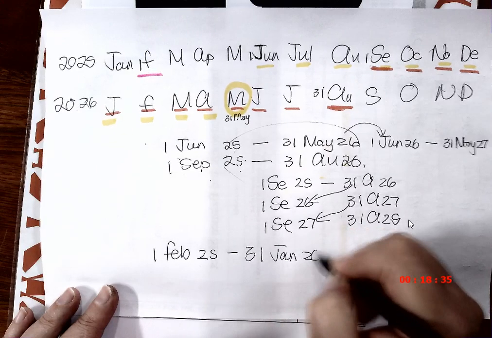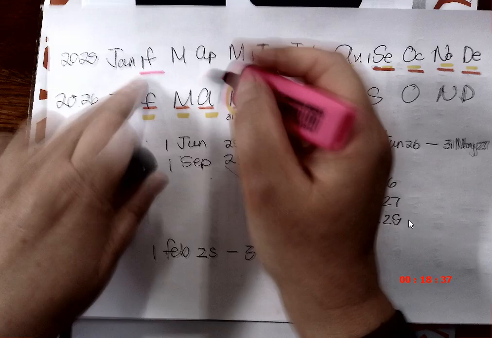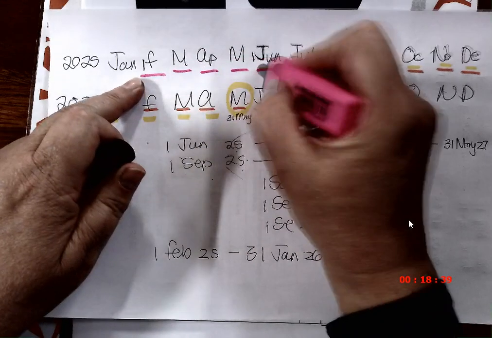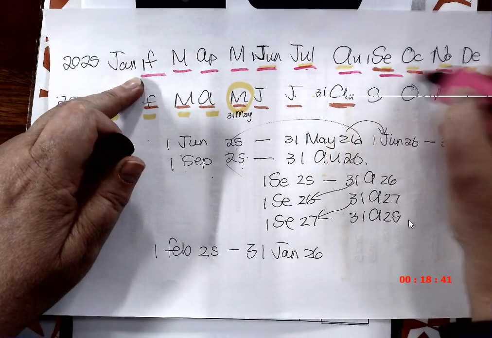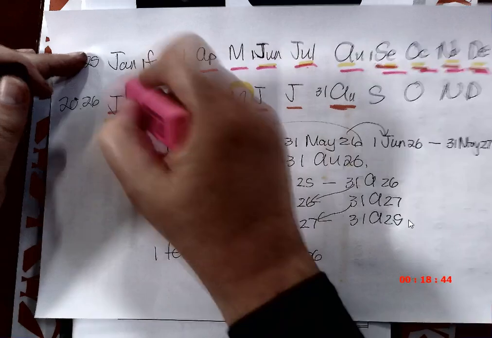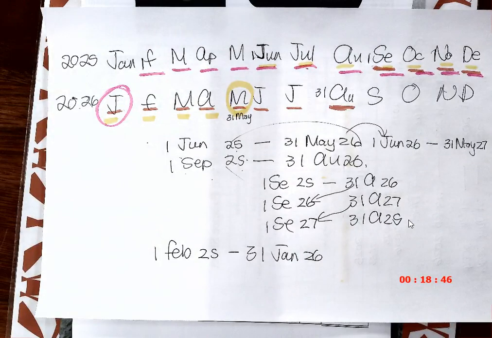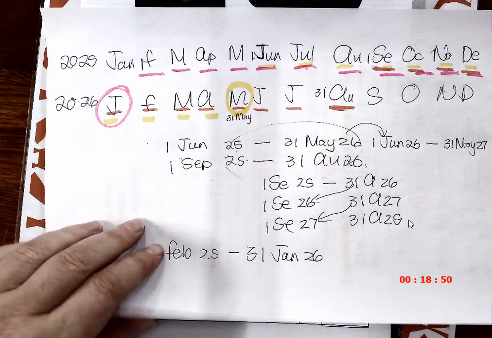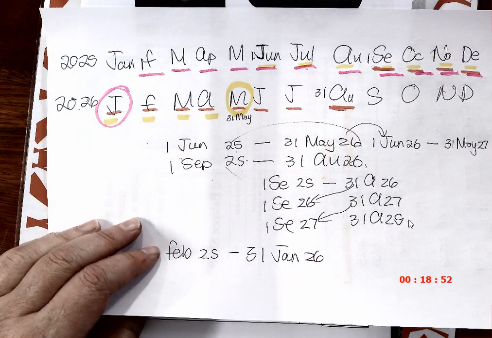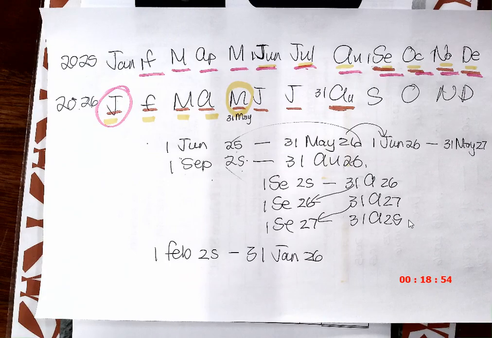Let's see if it's right. 1, 2, 3, 4, 5, 6, 7, 8, 9, 10, 11, 12. Okay. So in other words, when I start talking about financial years, it can work January to December, but most of the times it will work over 2 calendar years. It will include 2 calendar years.